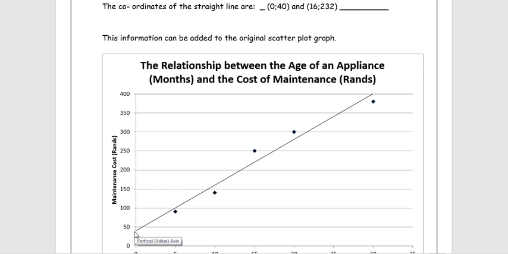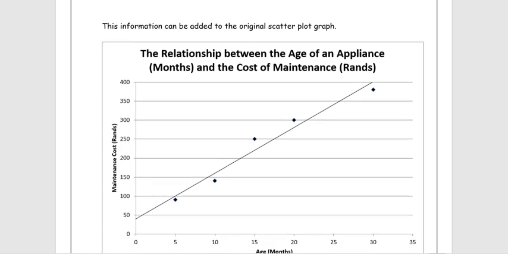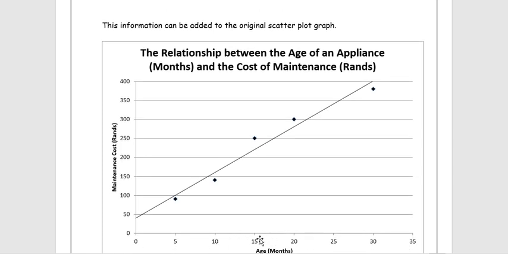It's going to stop on the y-axis itself. And our next coordinates are going to be 16 and 232. So we're going to find where is 16, and we're going to go up, and we're going to mark it as 232.